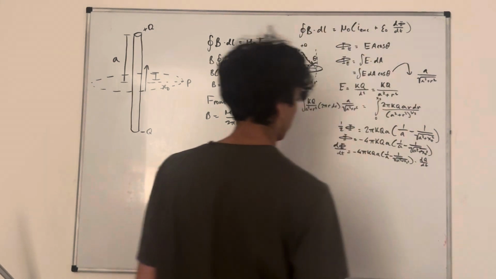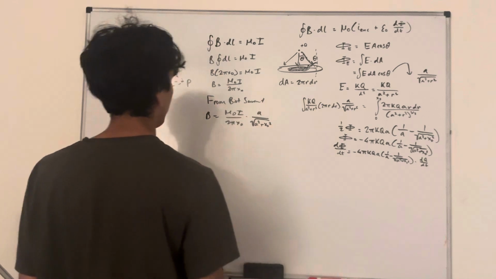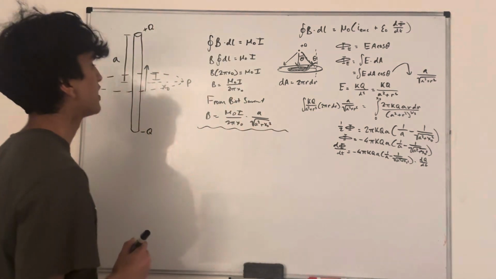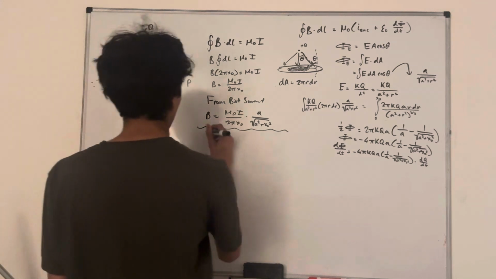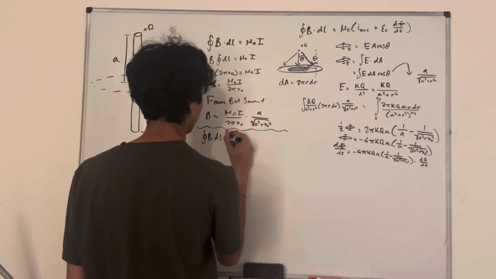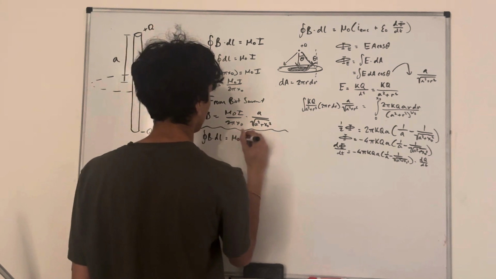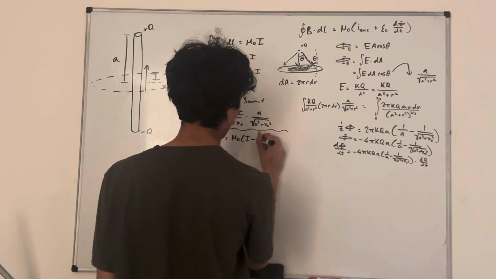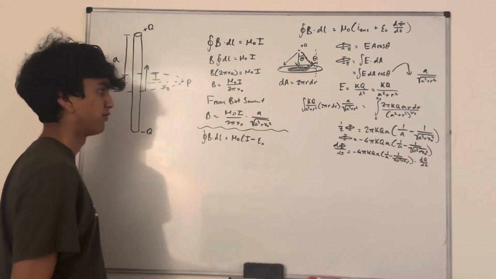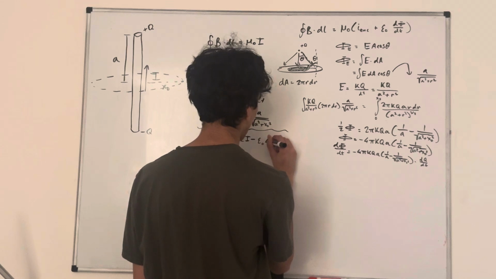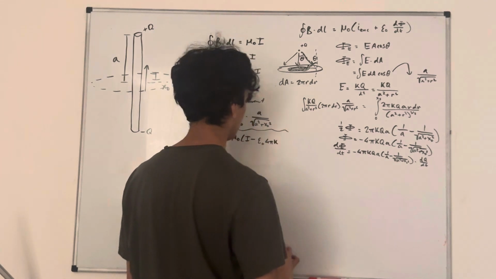So this is kind of magical. Look what I'm about to do. I'm going to take my integral B dot dl. It's going to equal mu naught I enclosed, which is I, minus epsilon naught, just so I can account for the negative, times 4 pi k.